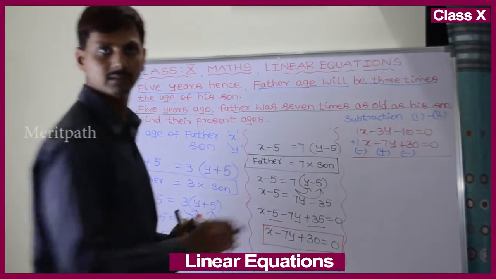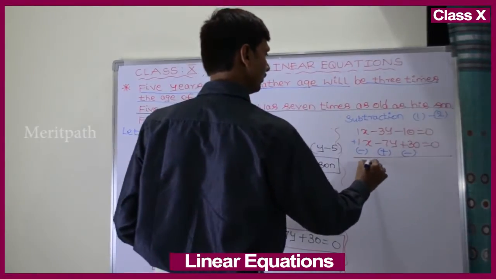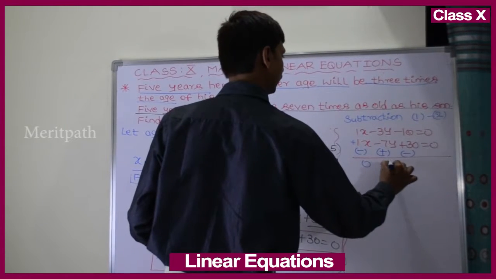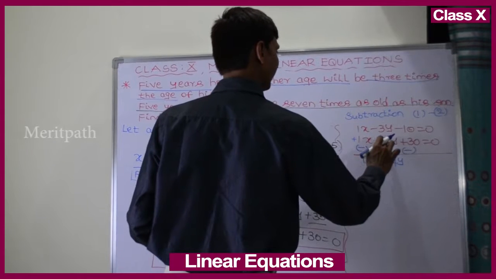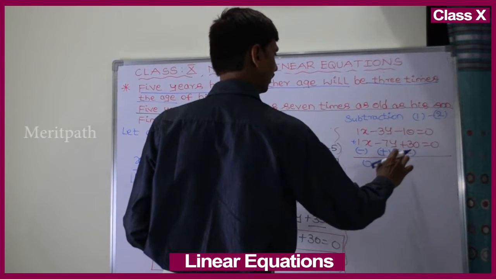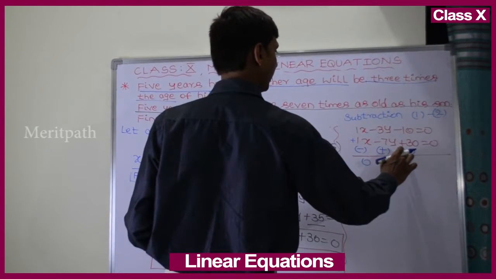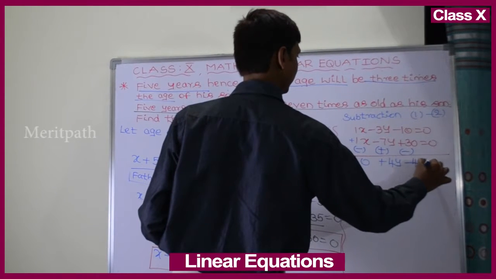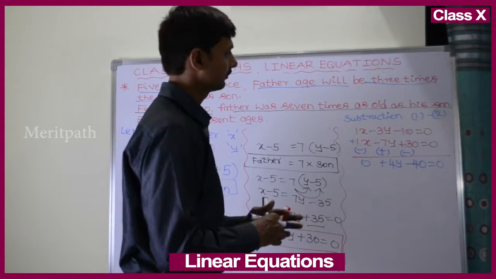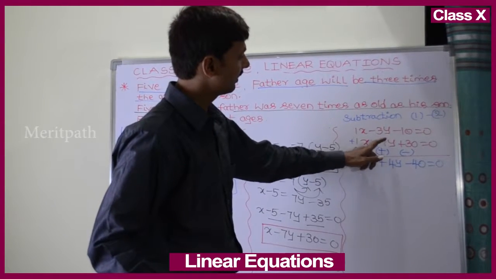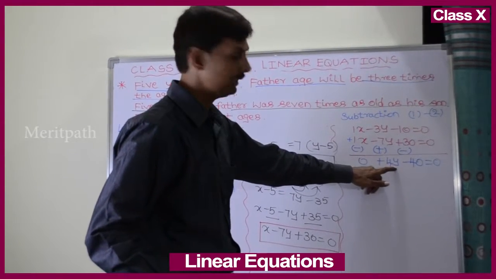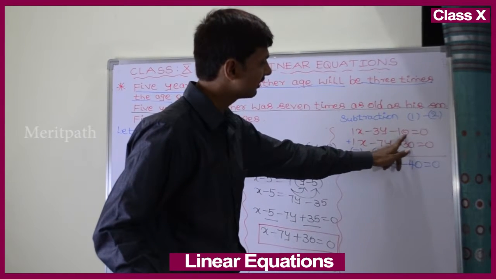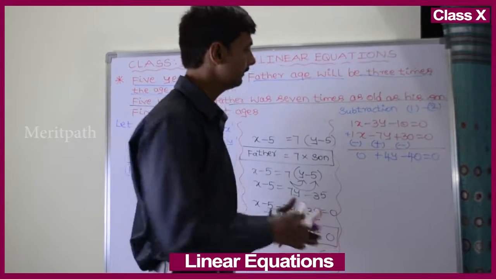Now let us subtract. So 1 minus 1 is 0. Here is the plus symbol: 7 minus 3 is plus 4y. And here minus 30 minus 10 is nothing but minus 40, equals 0.